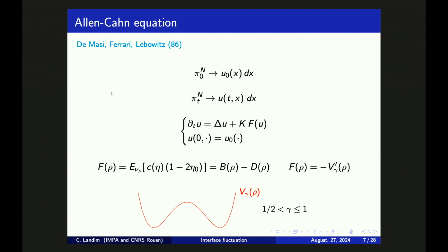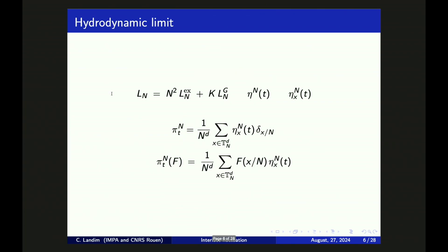So you have the Laplacian here coming from the exclusion part, and a reaction term coming from the Glauber part. So what is this reaction term? The idea is that since k is fixed here, you are speeding up the exclusion part by n squared.